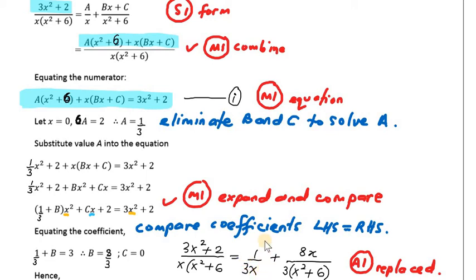As for b and c, c is 0, so b is 8 over 3, put back your x squared plus 6. You have to replace back for you to deserve the mark. So far we have 5 marks. Make sure that you show it before you go to integrate.